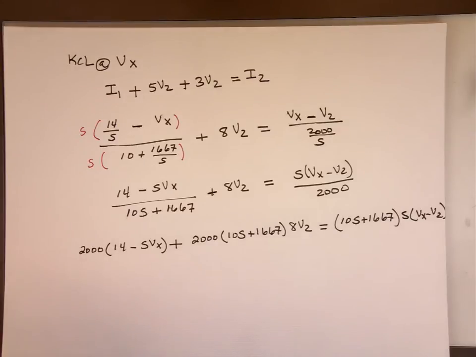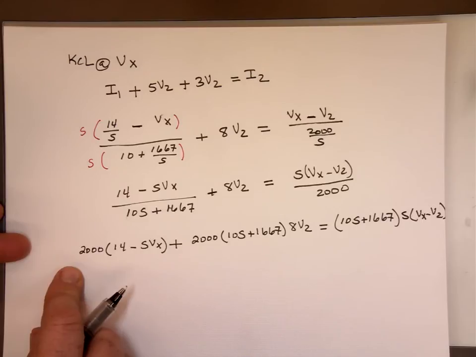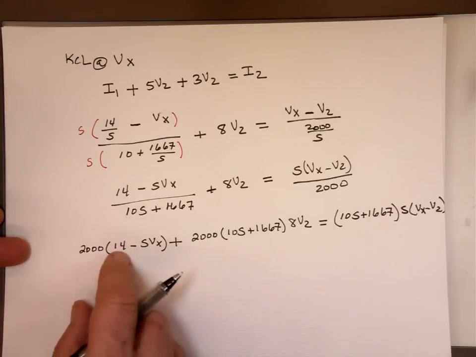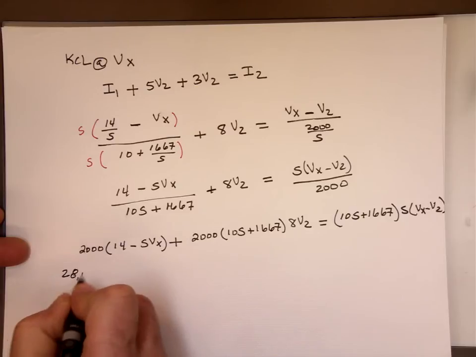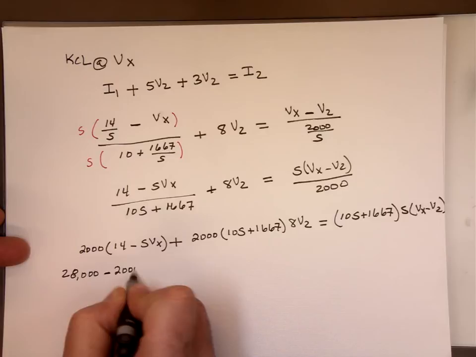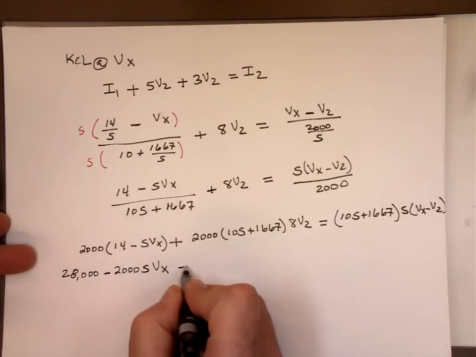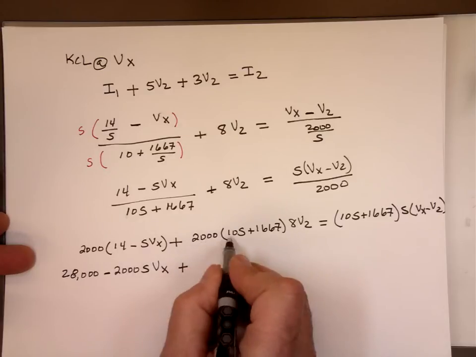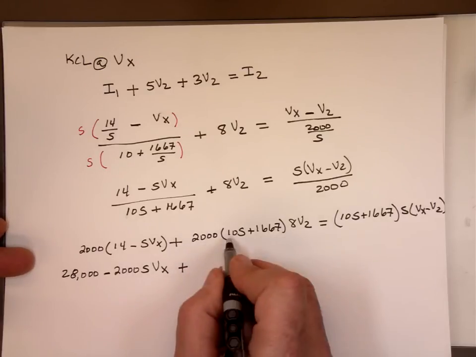2 times 14, yep. 2 times 14 is 28,000? Minus 2,000 S Vx plus, is that 20,000 S times 8? Because 8 times 2 is what, 16?